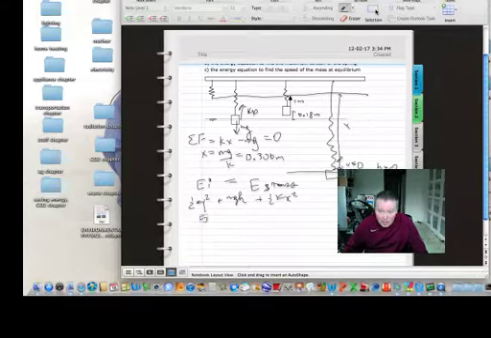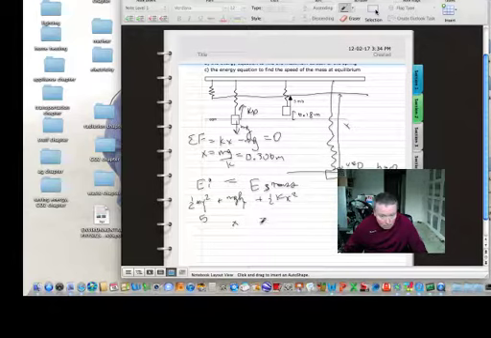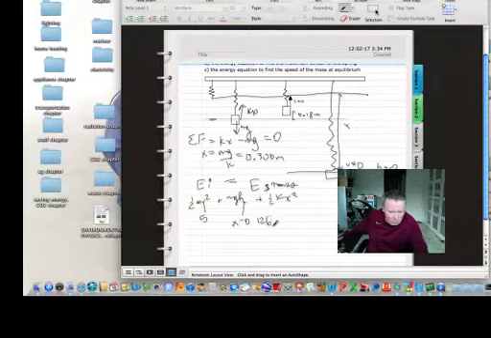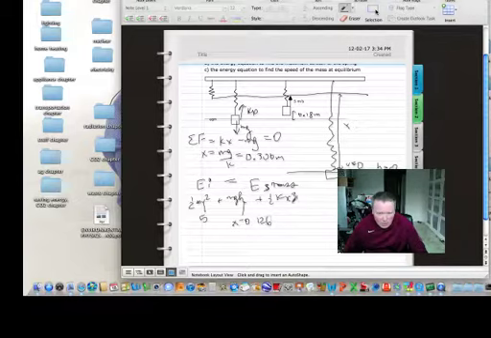So the height is x minus 12.6. And the spring stretch at this point is 30.6 minus 18 centimeters. That's just the 12.6 centimeters, or the 0.126 meters.